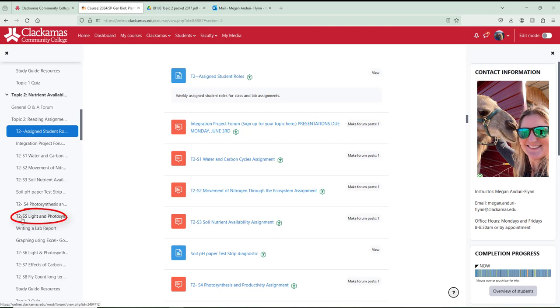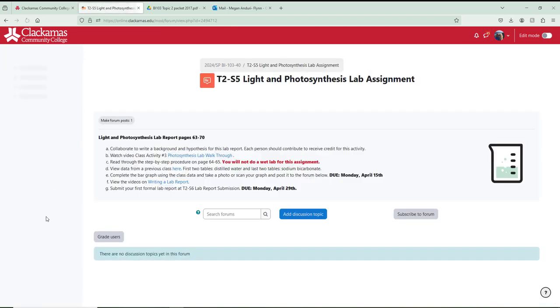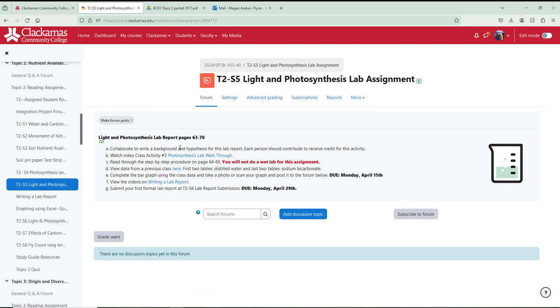Our T2S5 light and photosynthesis was where we did the actual lab ourselves. Just to refresh our memories, we took a look at this lab, starting on page 63. Remember, we didn't actually perform the lab, but we did get data from a previous class.